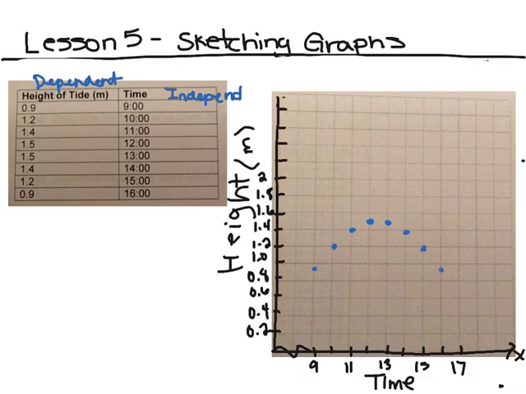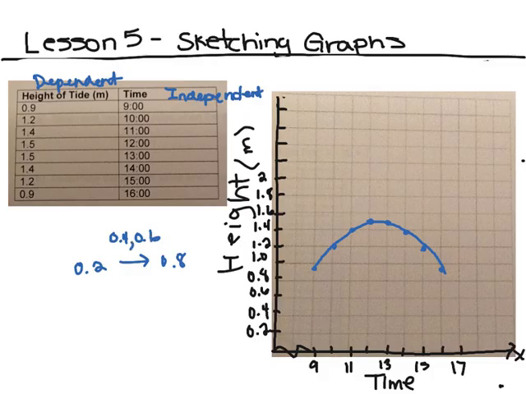Now, we need to know if we would connect the dots. Anyways, the point here is that if we connect these dots, that would mean it would have to hit every single height in between. Could you go from 0.2 meters all the way to 0.8 meters without hitting 0.4 and 0.6 and everything in between?